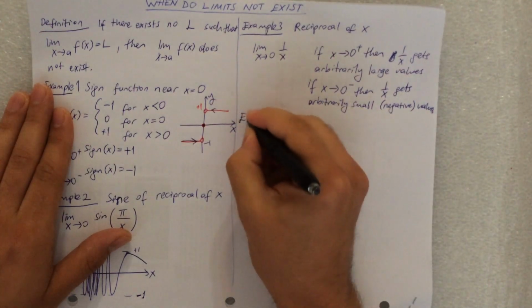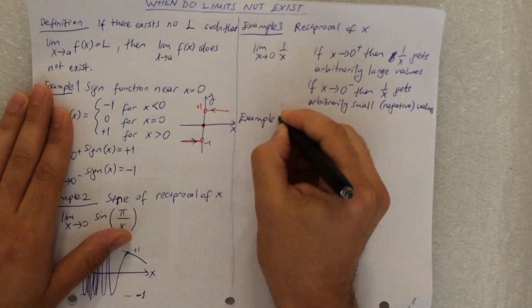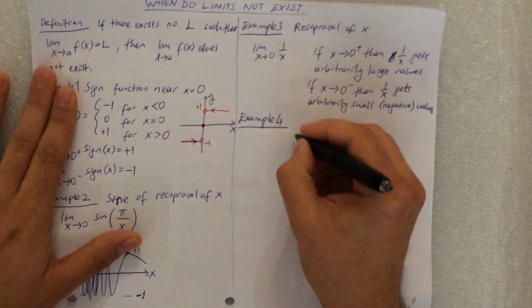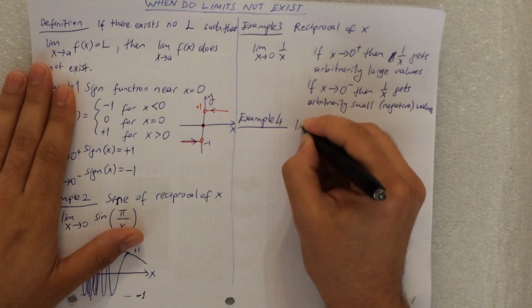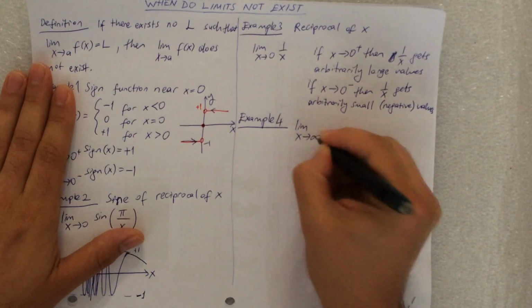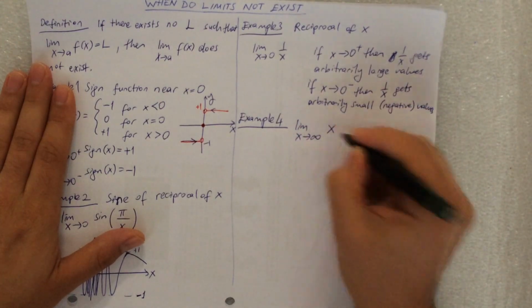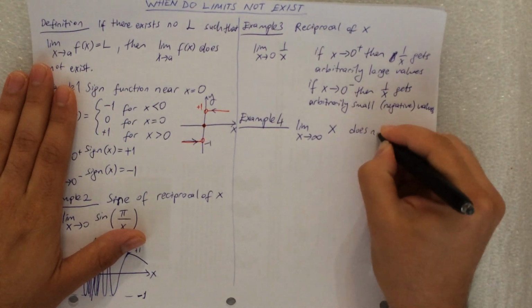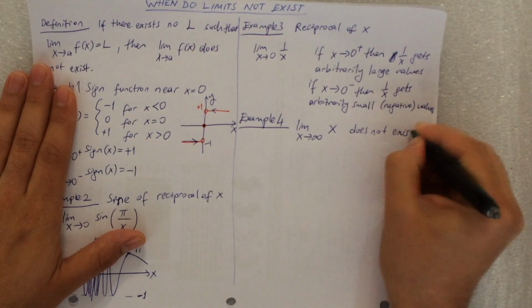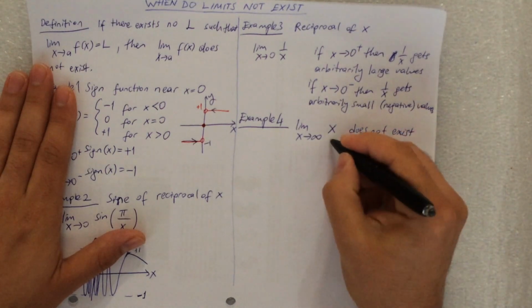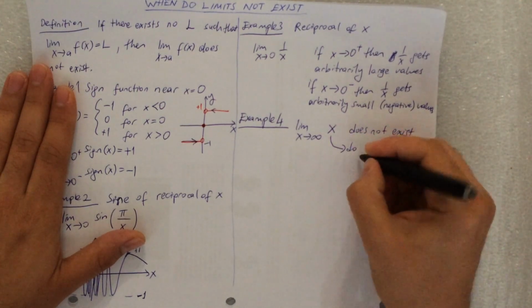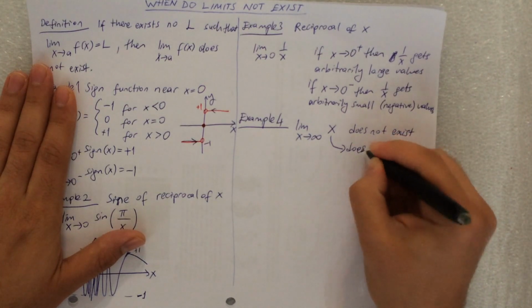Example 4 is the limit as x goes to infinity of x. This does not exist either, because the value of x does not get close to any particular value.